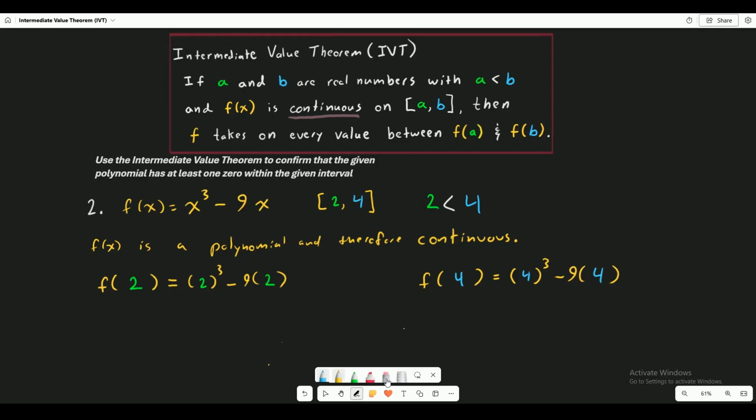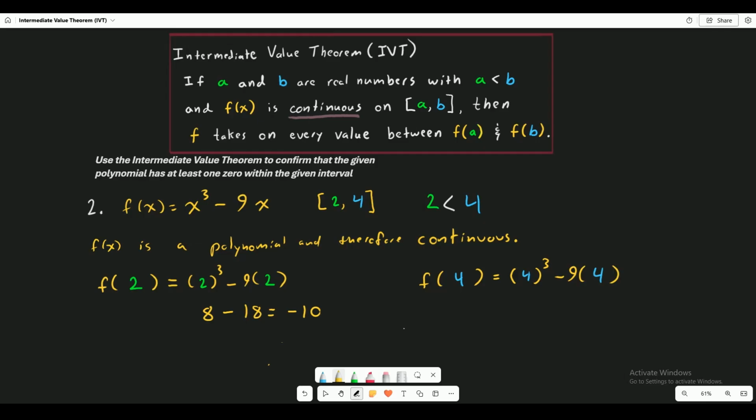All right, let's calculate. I know 2 cubed is equal to 8. Oh my lord, I forgot to change colors. So 2 cubed is equal to 8. 9 times 2 is equal to 18. So we get negative 10. All right, let me enter it in my calculator to confirm.